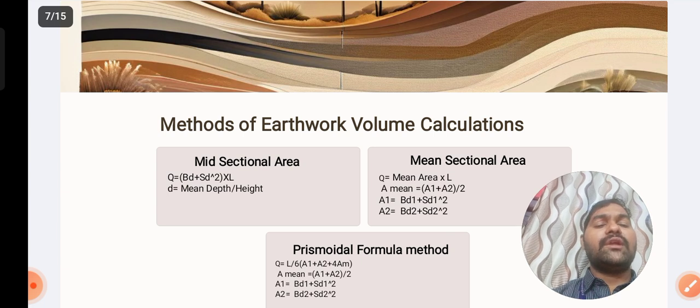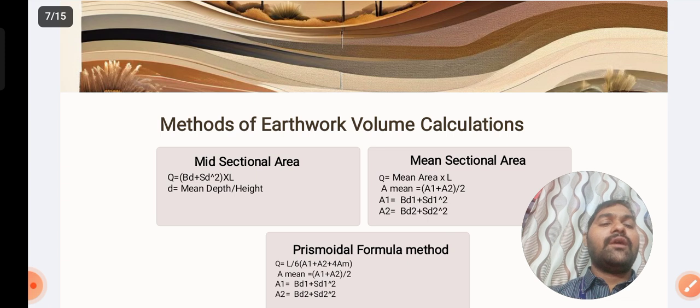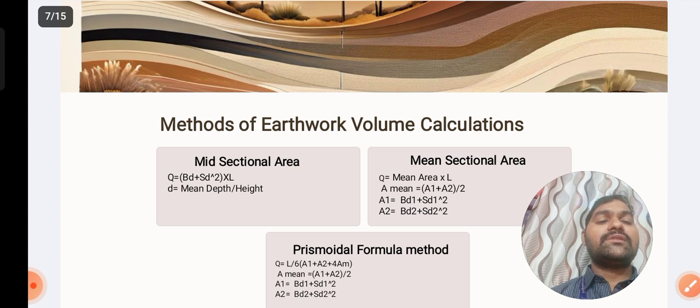The length is the distance from Anantagiri to Kodada. And there is an S value, which I want to describe. S is nothing but the slope. For example, horizontal to vertical, the S value is given in the problem, maybe 2:1. In such cases, we take the S value as 2.